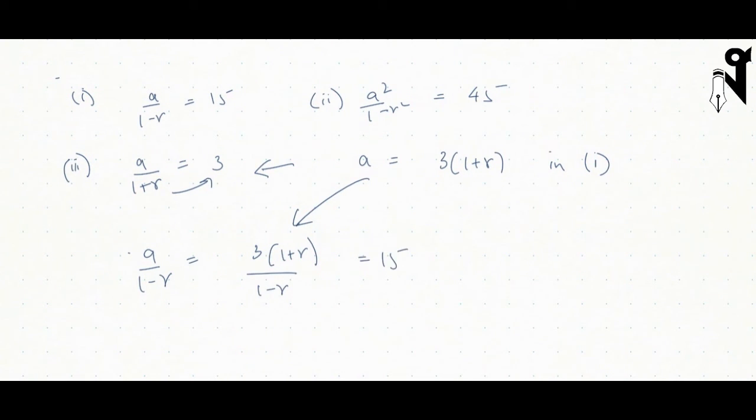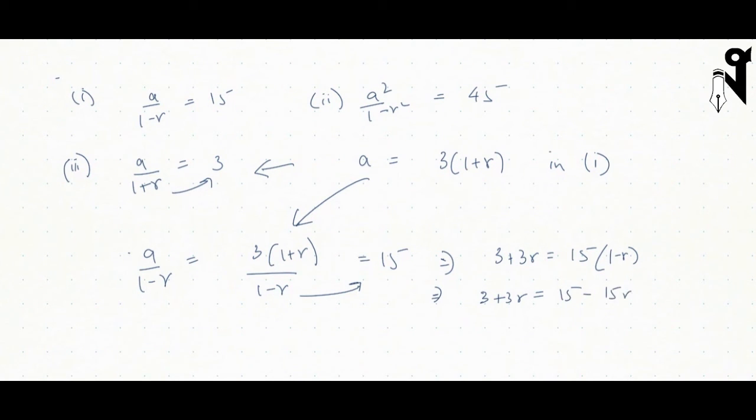This will just give me a linear equation in r. Taking this denominator to the other side, this becomes 3 plus 3r is 15 minus 15r.